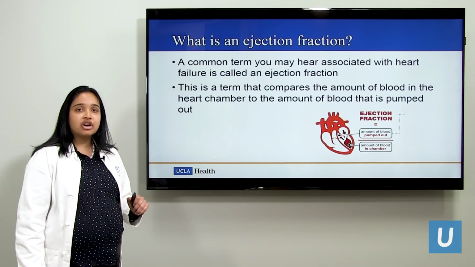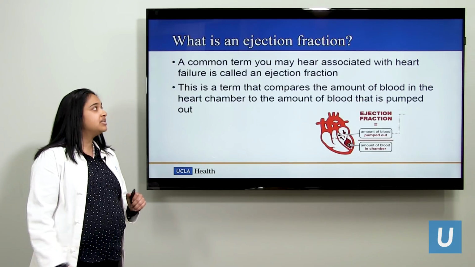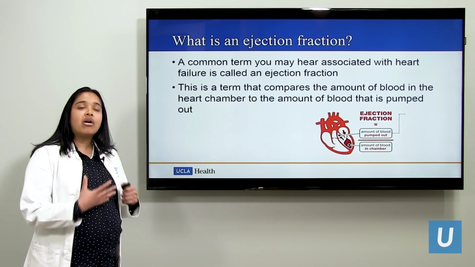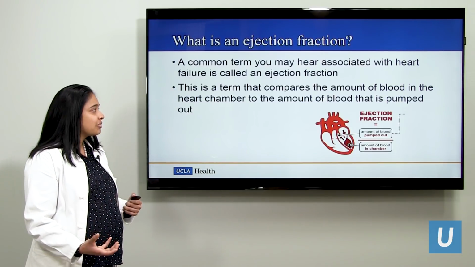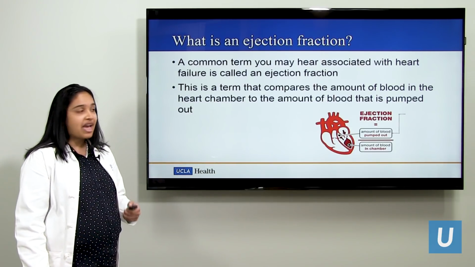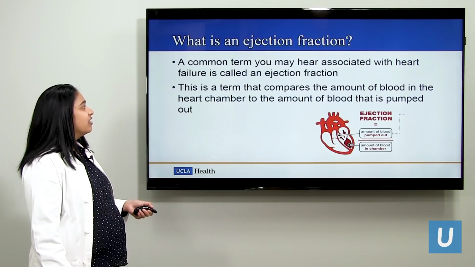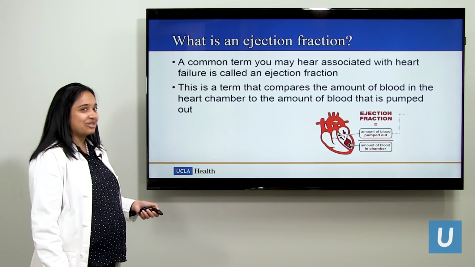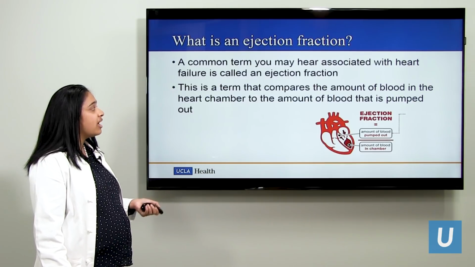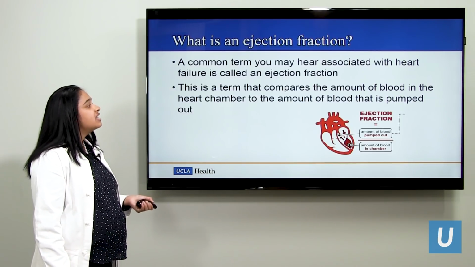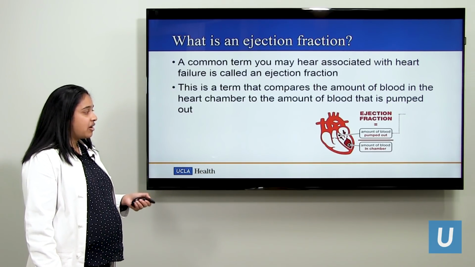So a common term that you may hear associated when we talk about heart failure is the term ejection fraction. And now this is going back to math class and those fractions that everyone hated to learn about. So this is a term that compares the amount of blood in the heart chamber to the amount of blood that is pumped out.